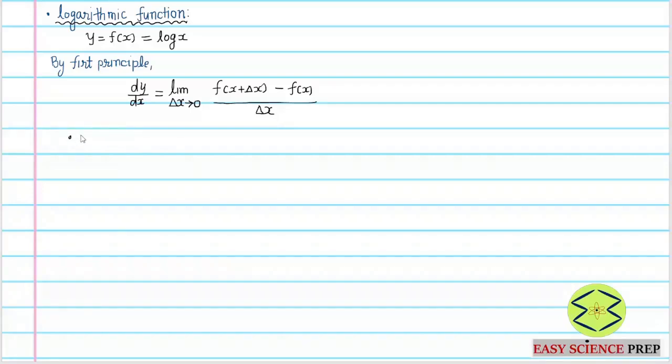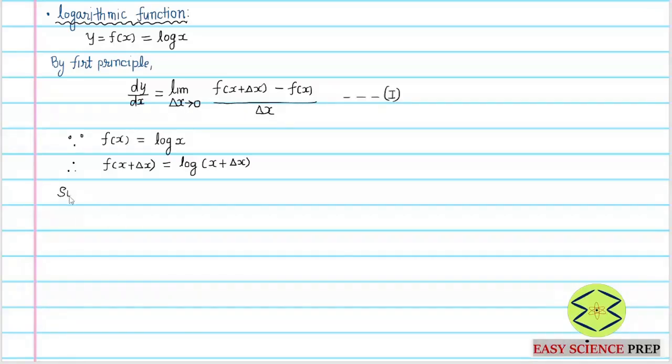Since f of x is log of x, therefore f of x plus delta x is log of x plus delta x. So we can substitute these values of f of x and f of x plus delta x in this expression, and solve the limit to find the value of the derivative.